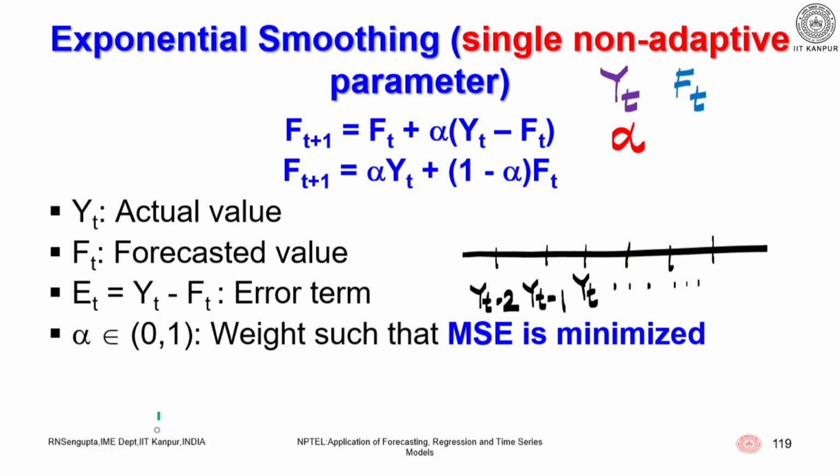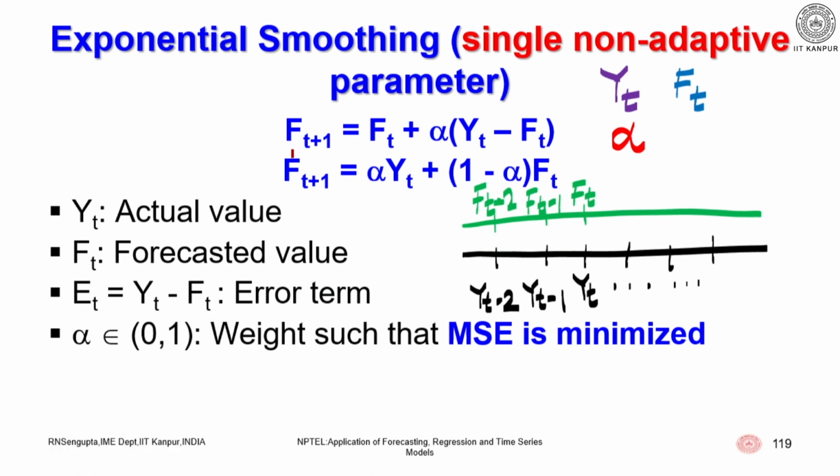If I have the f values, obviously, we will have F t, which is the forecast for y t. Similarly, we will have F t minus 1, which is the forecast value for y t minus 1. We will have F t minus 2, which is the forecast value for y t minus 2. Considering this, the formula is as follows.